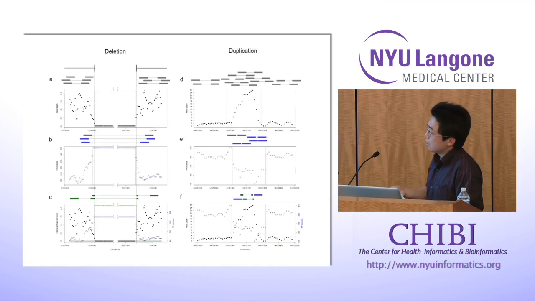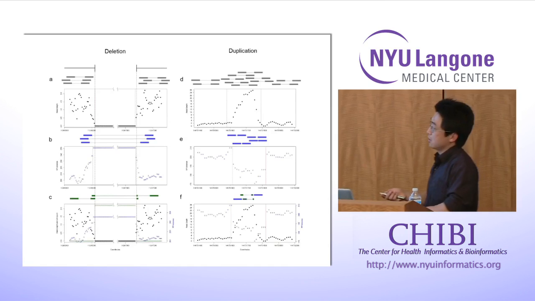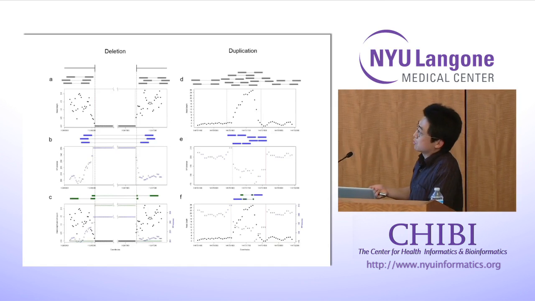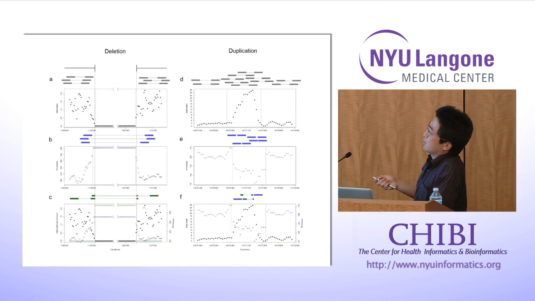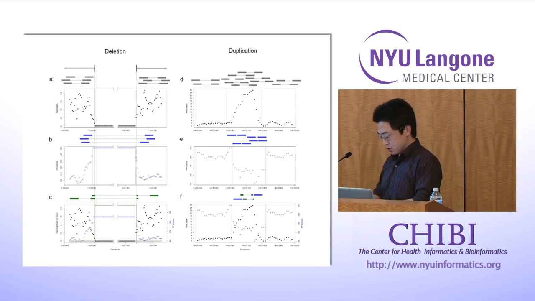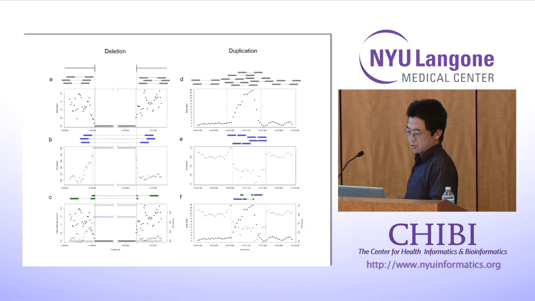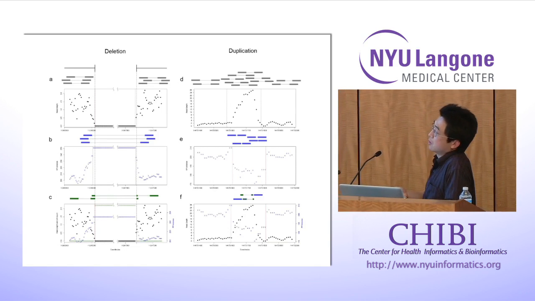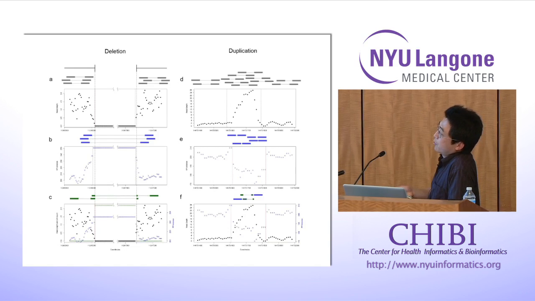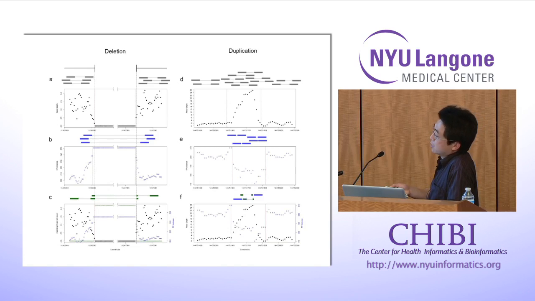There are new technologies like genome sequencing. Using the sequencing data, you can also deduce copy number status, but it's a totally different procedure. The information you need from sequencing is, for paired-end sequencing, the pair information of the paired reads, and also for single-end reads, you need the depths of the reads.